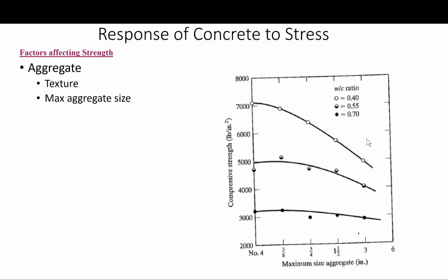So the negative effect of the increased coarse aggregate size on strength is basically offset. However, if the mixing water is decreased at a constant cement content, the concretes made with larger aggregates tend to exhibit more variability, probably due to some tendency towards segregation. Okay, so study this graph very well.